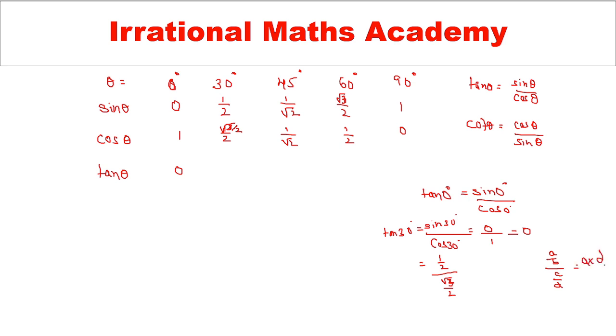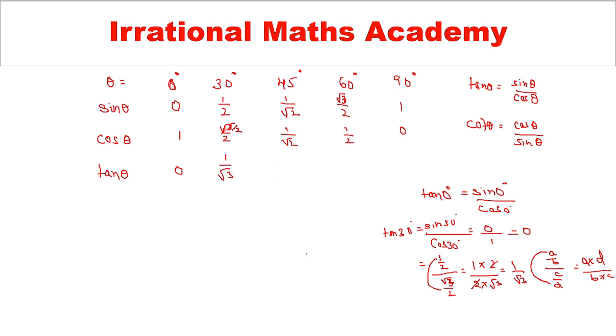A into d, b into c. Remember here, first numerator into second denominator by first denominator into second numerator. Similarly here, 1 into 2 by 2 into root 3. 2 gets cancelled. 1 by root 3. Is it clear? So tan 30 value is 1 by root 3.